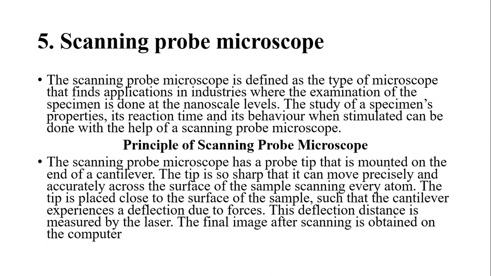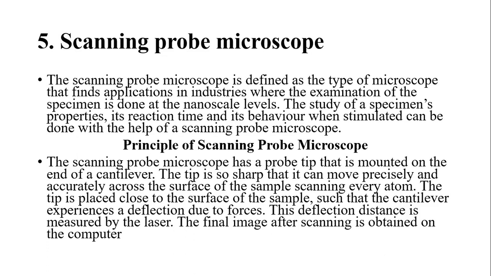Scanning probe microscope. The scanning probe microscope is defined as the type of microscope that finds application in industries where the examination of specimens is done at the nanoscale level. The study of a specimen's properties, its reaction time, and its behavior when stimulated can be done with the help of a scanning probe microscope. Principle: it has a probe tip mounted on the end of a cantilever.